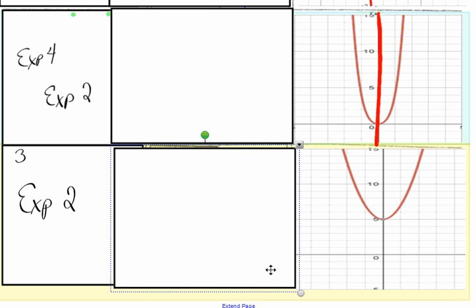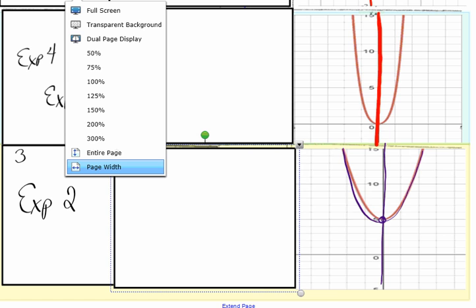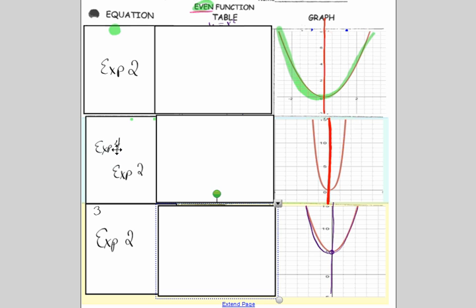Even though my picture is slid up the y-axis, I still have symmetry about the y-axis. That means my line of symmetry is the y-axis. So now I have a really good idea that when I have an even function, I have symmetry about the y-axis in each case.